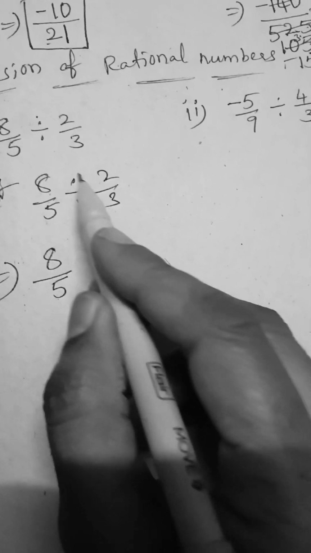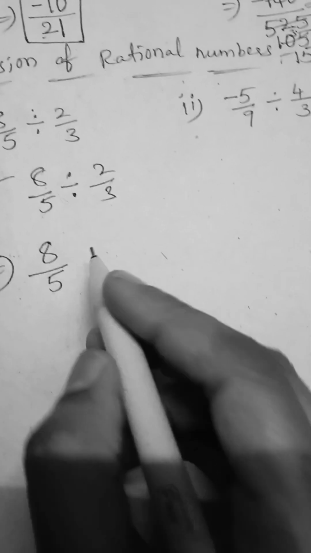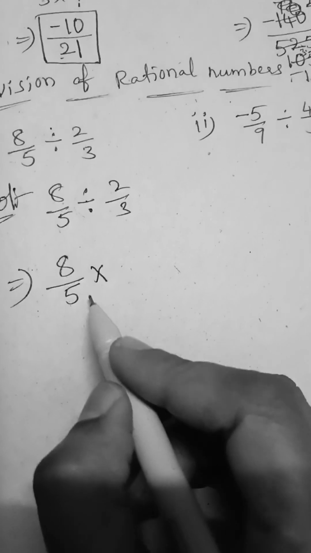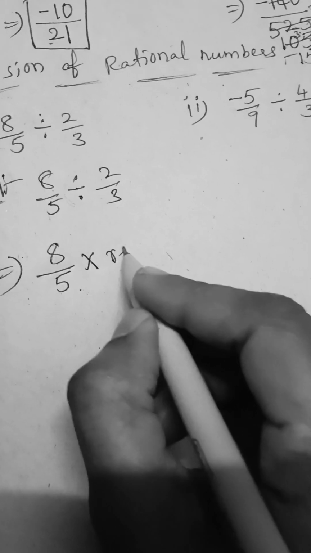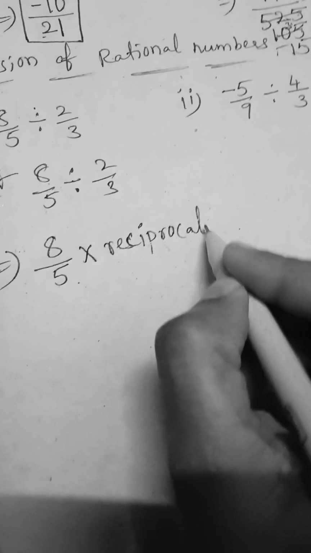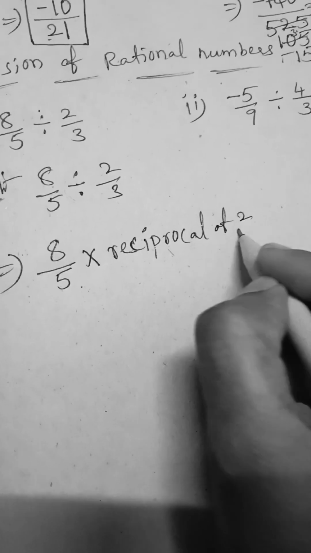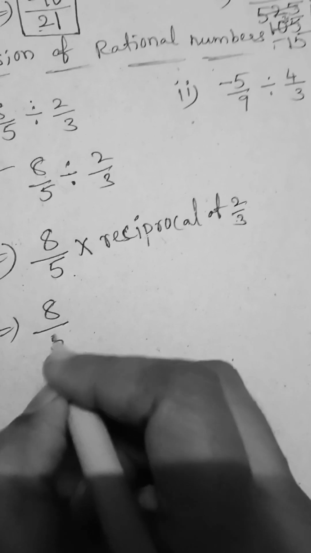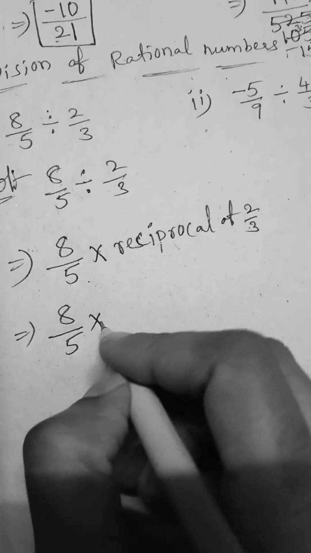Now this divided by symbol is there, no? So if you write a multiplication symbol instead of divided by, here the reciprocal of 2 by 3. Now here 8 by 5 into, I am writing as it is.